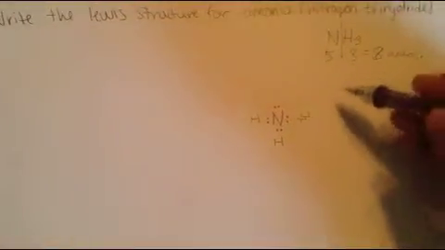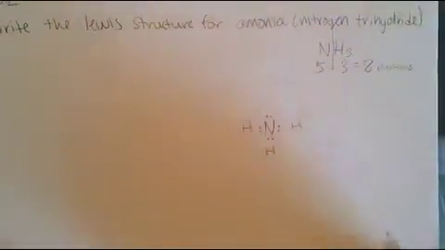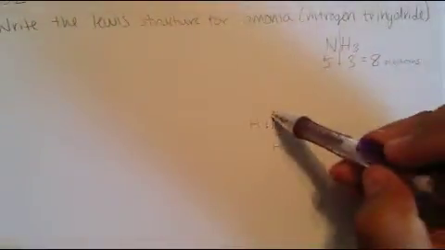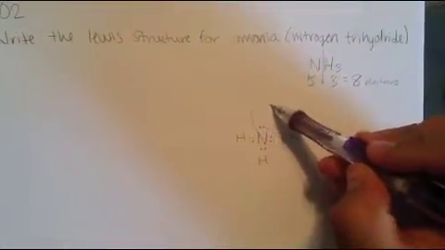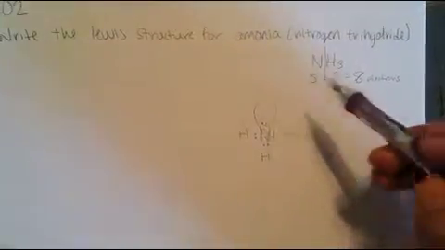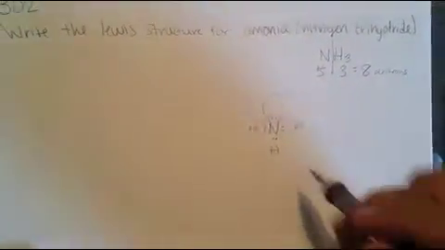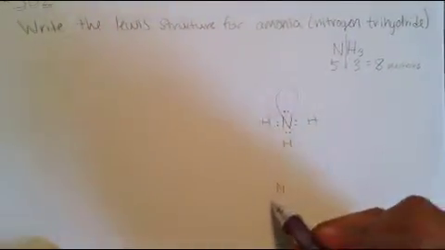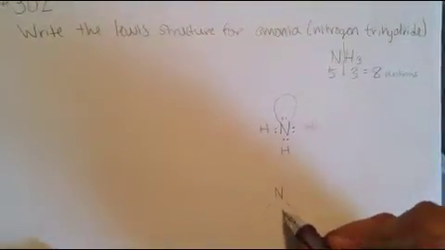Once you have your Lewis dot symbol, which is this right here, you know that this is going to create a force that's going to push all these down. So it's going to create the effect of kind of like a tripod.